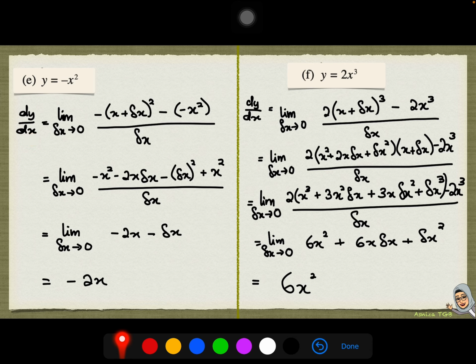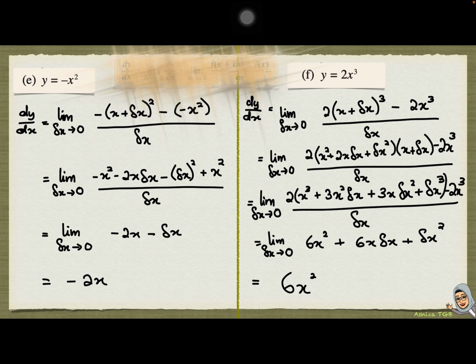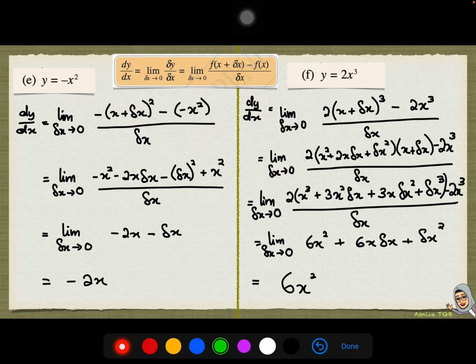So finding dy dx is the limit as delta x approaches 0 of negative, now our x is x plus delta x squared, and then minus negative x squared itself, and divide by delta x. This is by using the definition of limit.